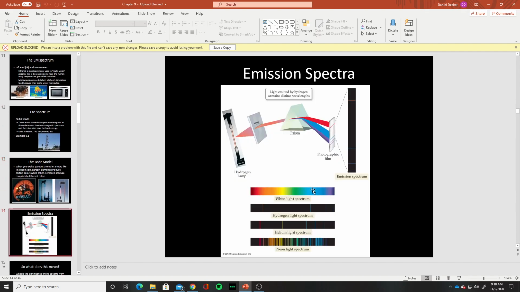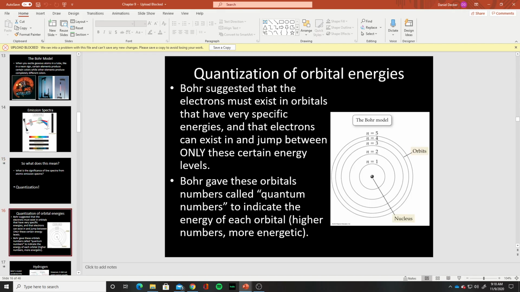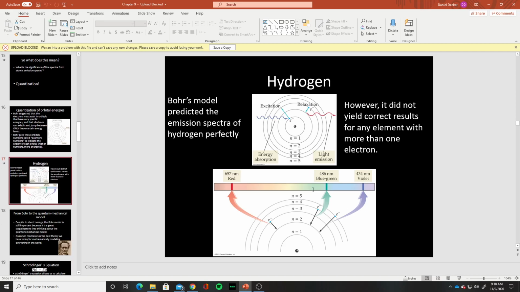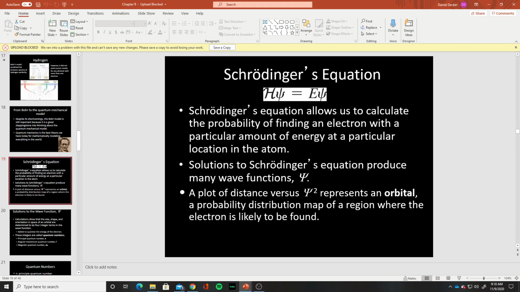Okay, so then we got into the Bohr model here, and the Bohr model was really just kind of a gateway for us into understanding how electrons behave and how to describe electrons. I'm not going to have you writing or drawing Bohr models or anything like that. Like I said, this is just kind of an introduction into the idea of electrons.